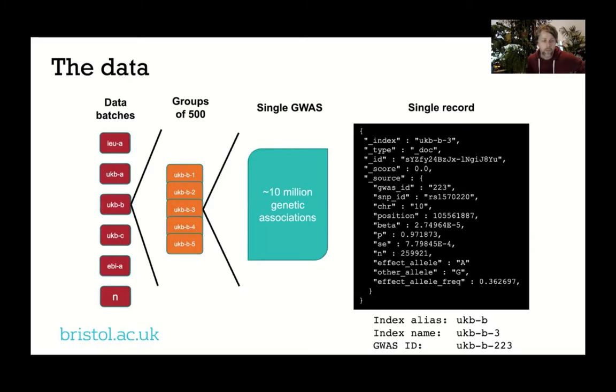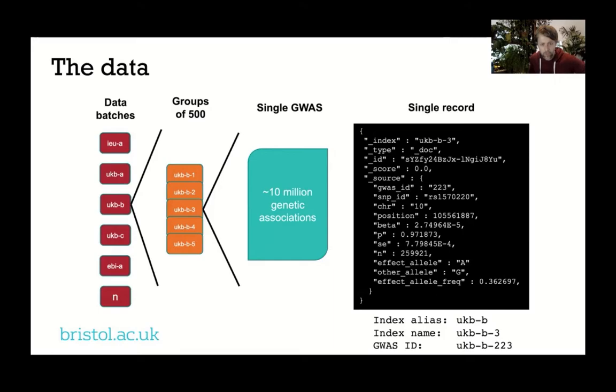Over the last few years, we've been collecting these data into batches which have a shared origin, perhaps UK Biobank. And then due to constraints on the number of records in an index, we've grouped these into 500 per batch.